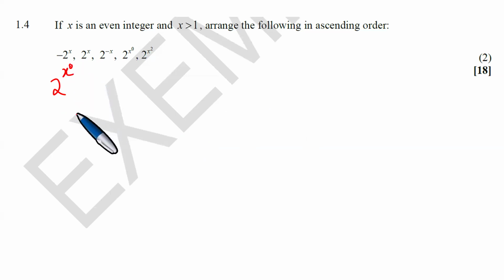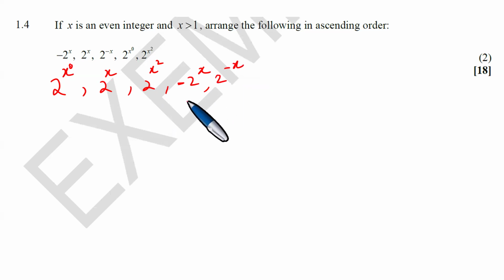And then we have negative 2 to the power of x. And then 2 to the power of x2. And then negative 2 to the power of x. And then 2 to the power of negative x. Like this.